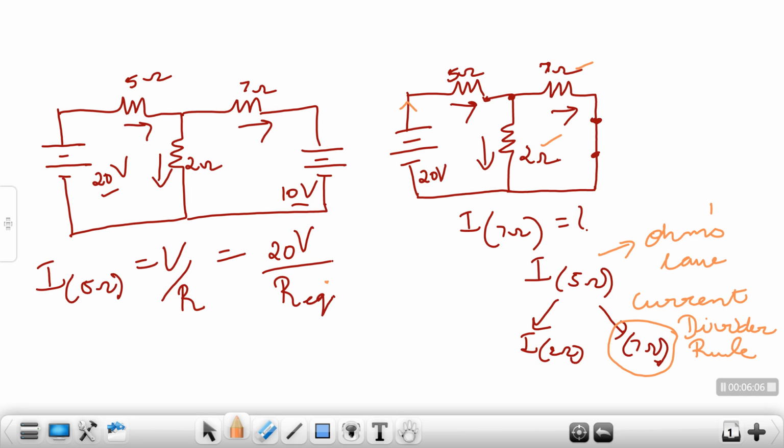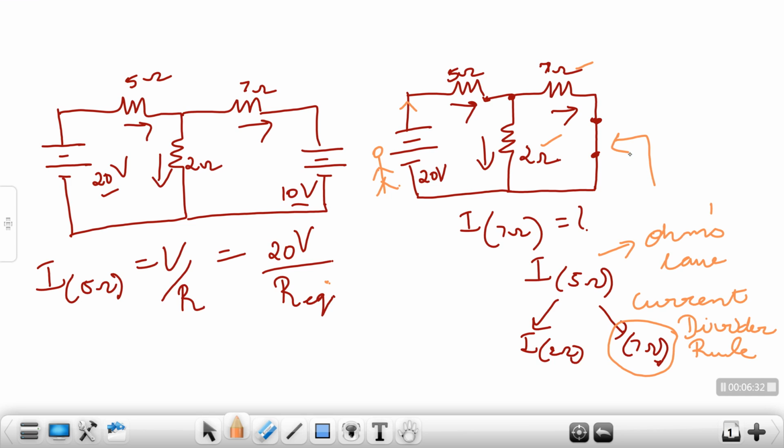Once you decide which resistors you are going to put over here, how do I write the equation? To write the equation, first of all, check where is your voltage source. Your voltage source is over here. You are standing over here. Your circuit is lying to your right. So start from the last end of where my circuit is lying. So if I check here, I get 7 ohms, I get 2 ohms.